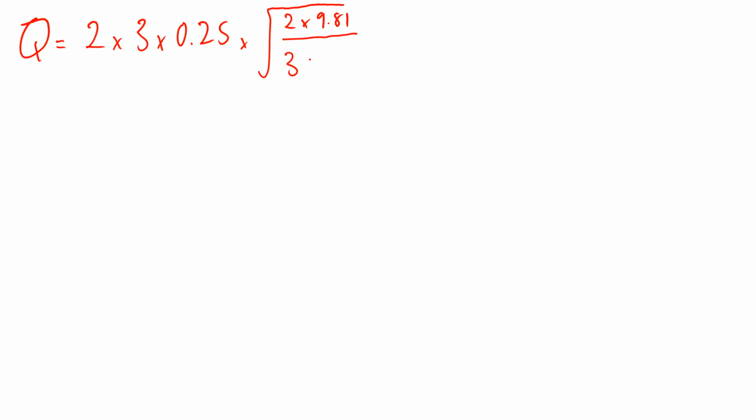So Q is equal to B, which is 2, times Y1, which is 3, times Y2, which is 0.25, times the square root of 2 times 9.81 divided by 3 plus 0.25, and the answer you get from that is 3.68 meters cubed per second.